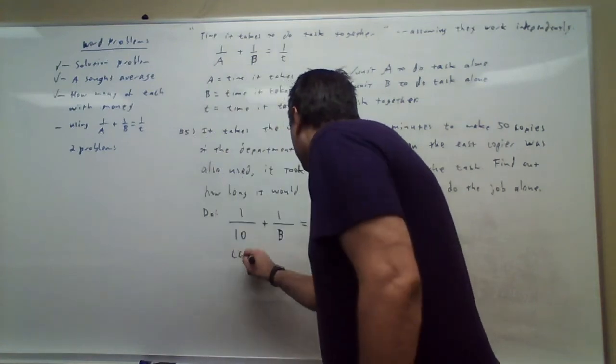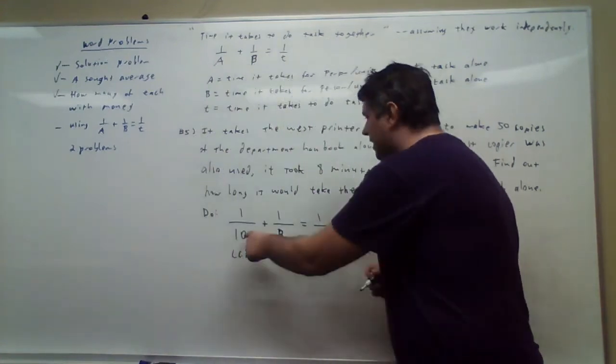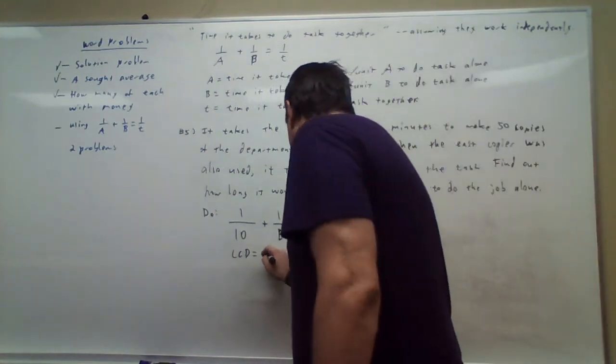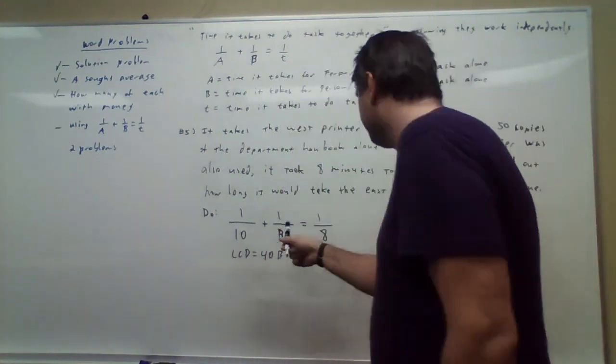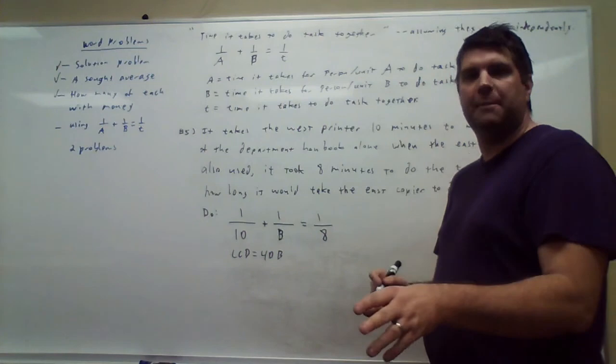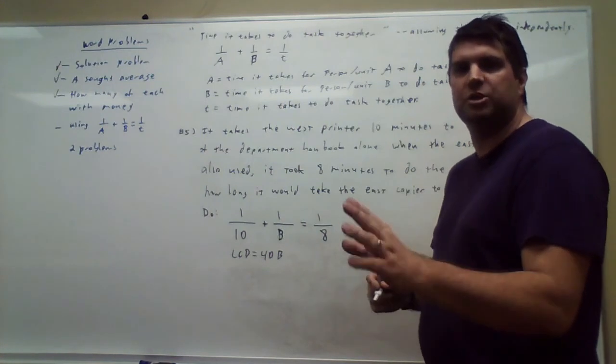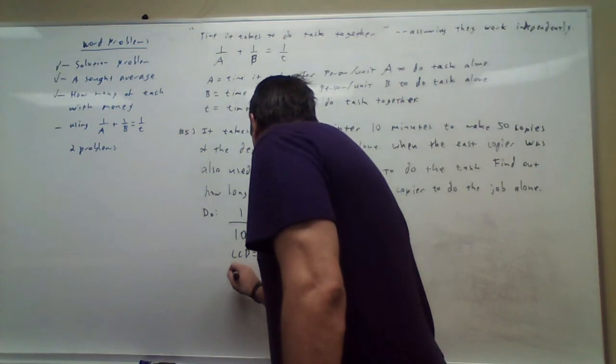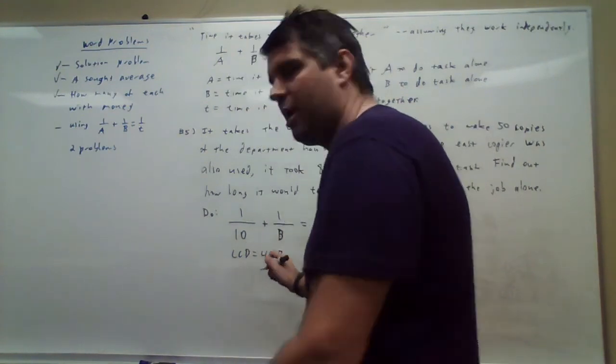The least common denominator, the lowest number that 8 and 10 divide evenly, is 40 times the B. Okay? You could use 80B and you should still get the same answer. You'll just have to reduce things. You'll be dealing with larger numbers. Okay, so here goes.